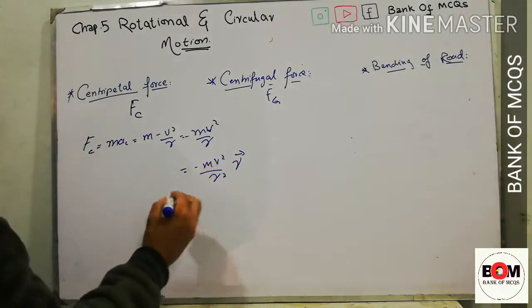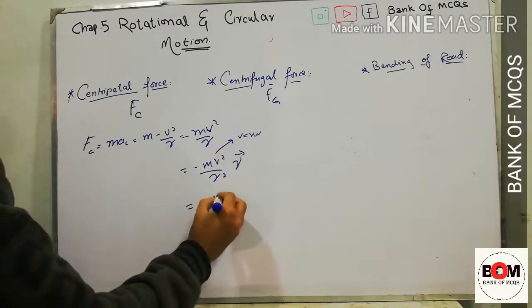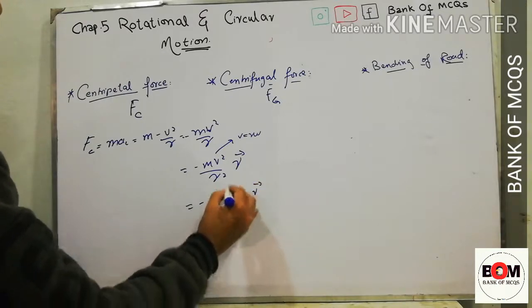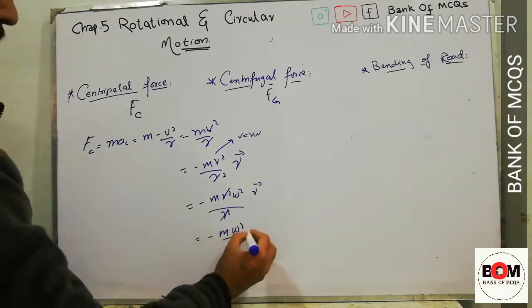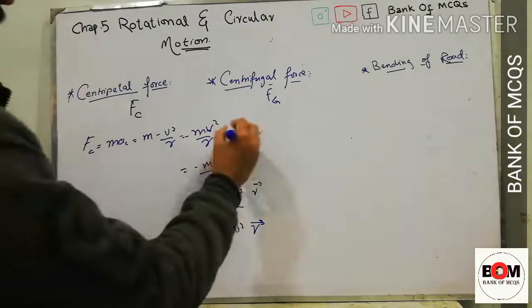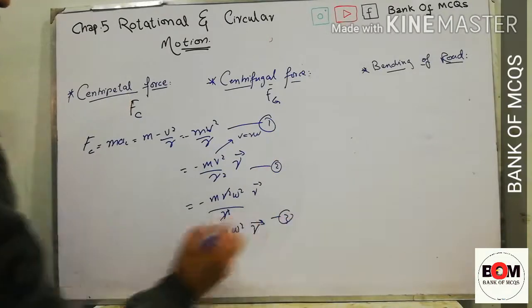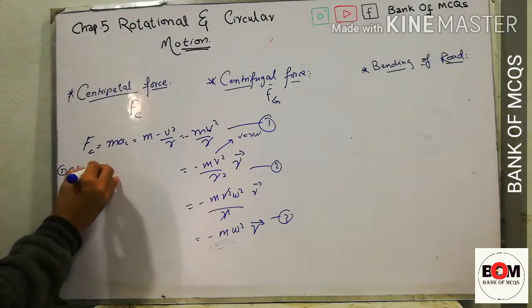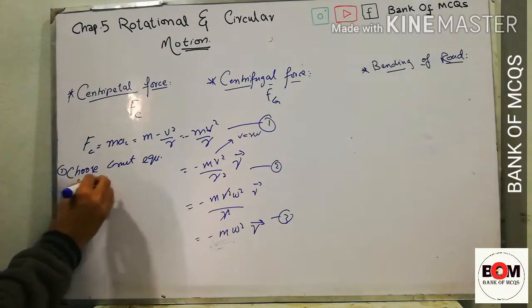Or in the third form, if we write v is equal to r omega, then we get m r square omega square divided by r square, r cancels with r. So we get minus m omega square r. These are equation number 1, equation number 2, and this is equation number 3. So this is the given equation; choose the correct equation for centripetal force.